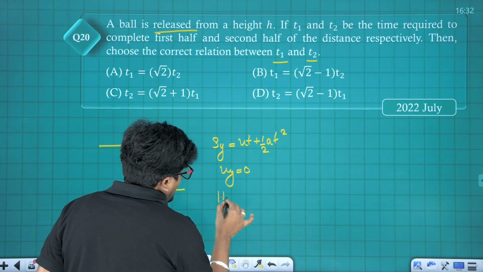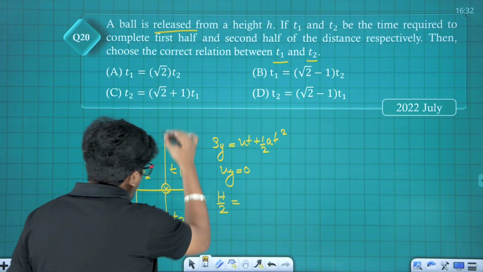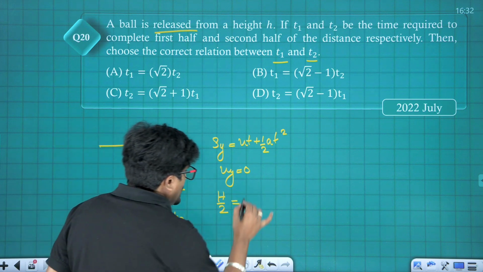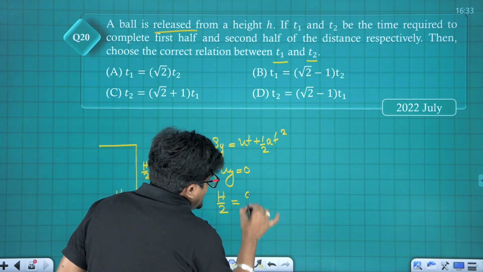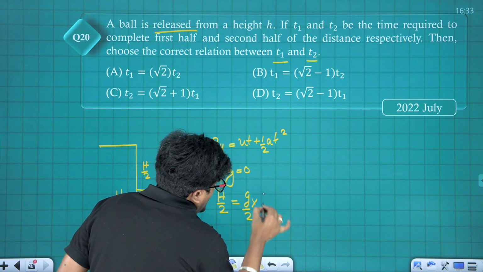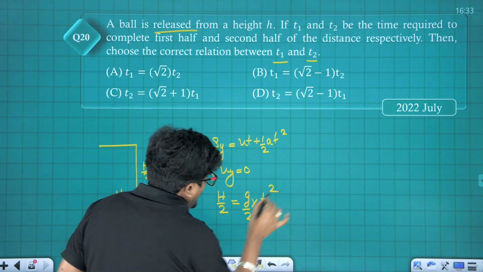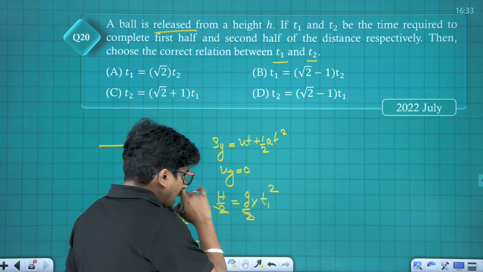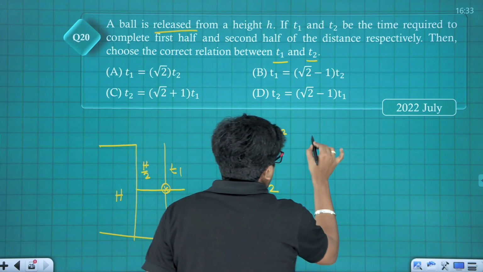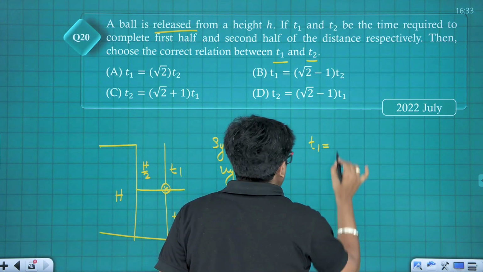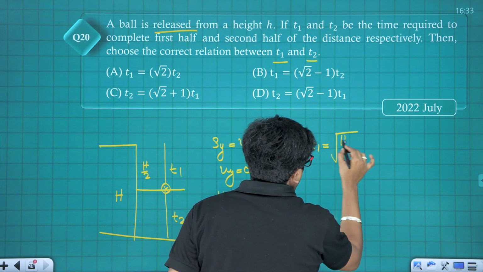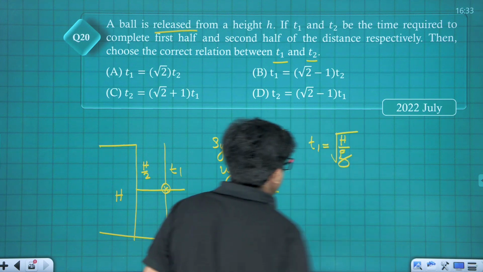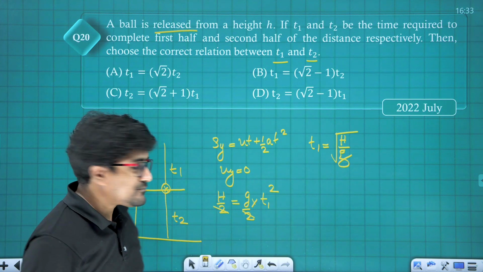So I can say that h by 2 is equal to g by 2 into t1 square. Of course this and this are going to cancel each other. Now I am going to get the value for t1 as root of h by g, capital H by g.